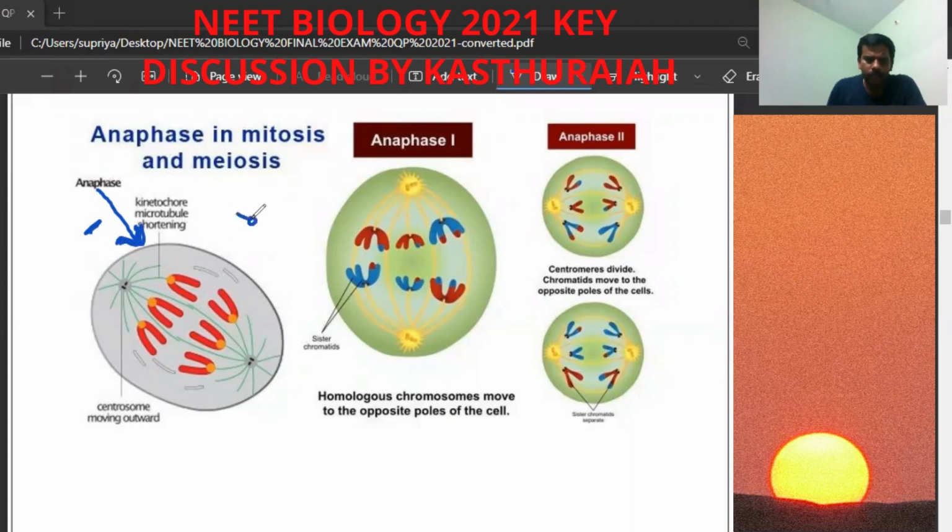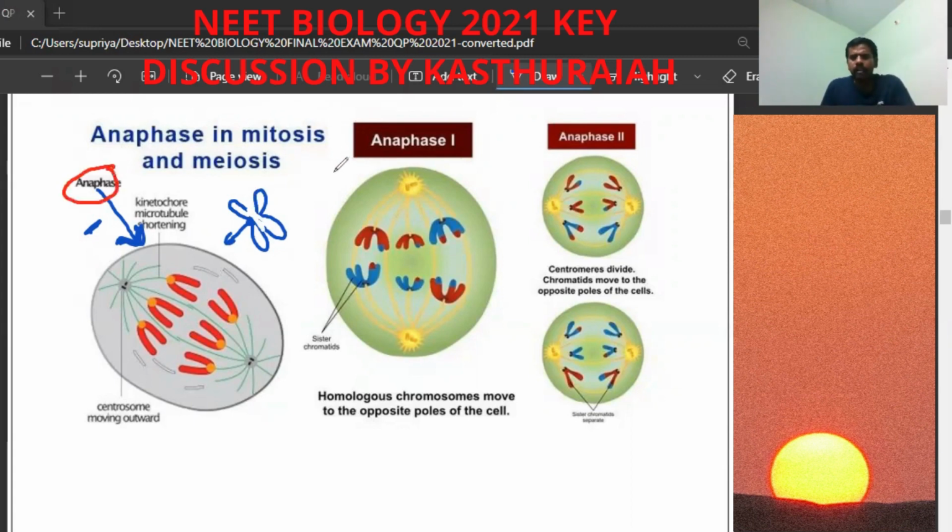Before anaphase, the chromosome will be like this, with the centromere region here. During anaphase, the centromere breaks with the help of enzymes, and the spindle fibers pull the two daughter chromosomes to two different poles, right? That actually happens in the anaphase of mitosis.